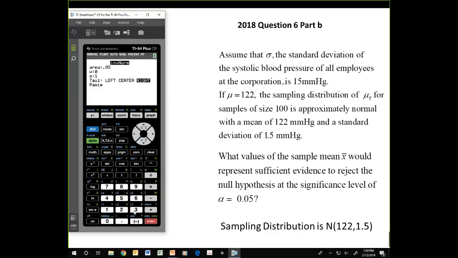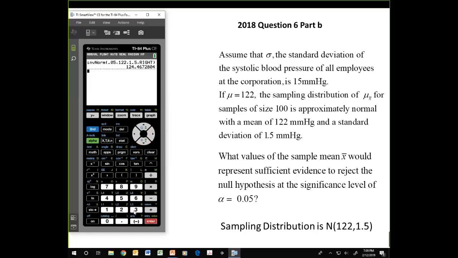The mean is 122, and the standard deviation is 1.5. And we're going to be looking at the right-hand tail, since the alternative hypothesis involves greater than. Whoops, sorry about that. So the results show that an x bar of 124.467 or greater would cause us to reject the null hypothesis.